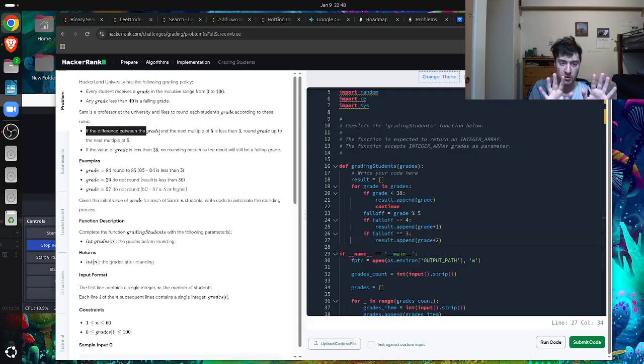Well, that's 0 and I don't need to round, okay? This one is 4, and so the difference between here and here is going to be 1, so that is less than 3. 1 is less than 3, okay?